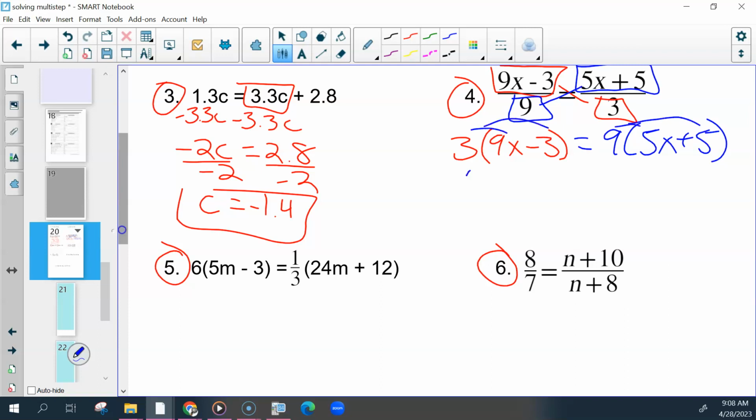We have 27x minus 9 and 45x plus 45. Now you have choices. Your goal is to still get all the variables to one side, all the constants to the other. But what you do first is your choice. So what do we want to move first?